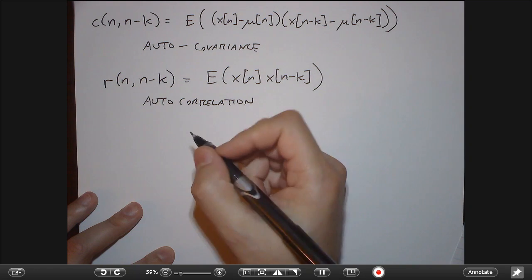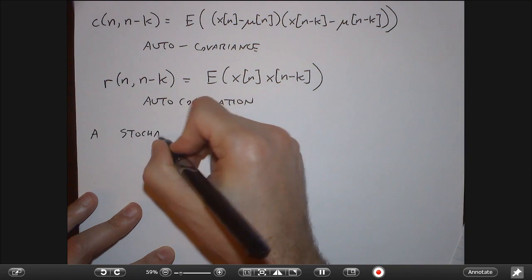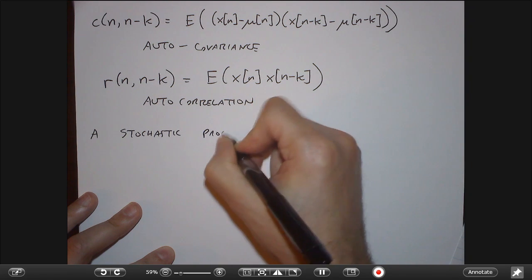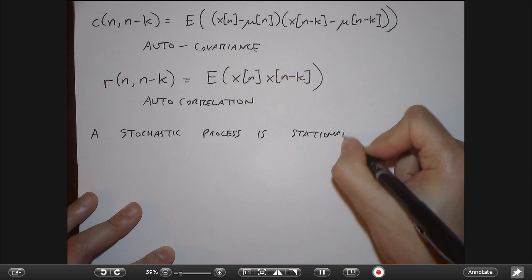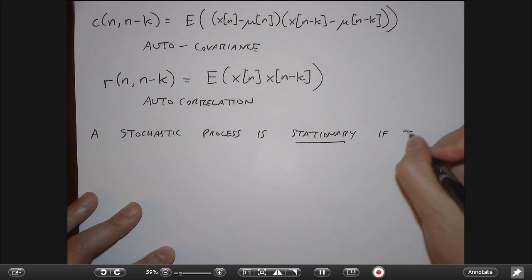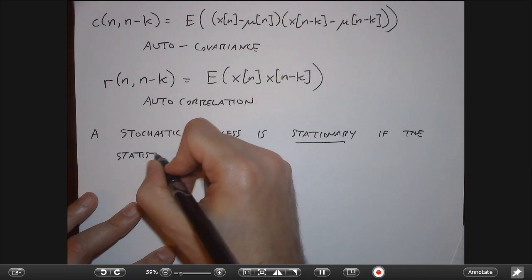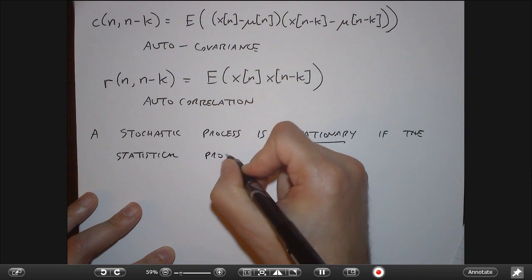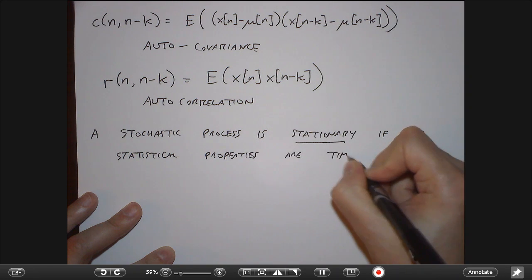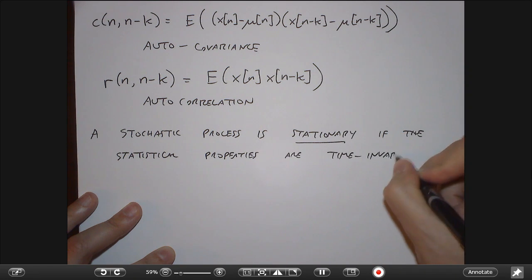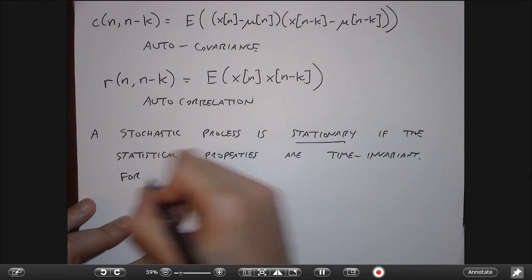And one of the key assumptions we're going to make here is that a stochastic process, which is just like this x, is stationary if the statistical properties are time invariant. And what that means is that those are really easy to analyze.